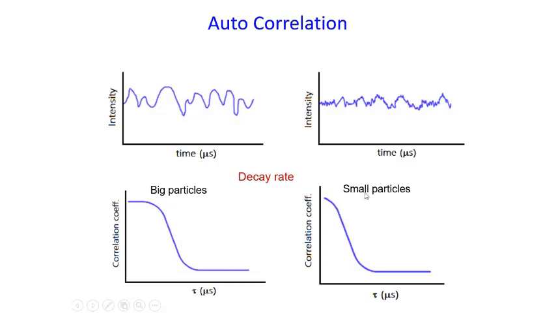Okay, so this is how, first of all, the small particles can be distinguished from the bigger particles, and this in fact forms the basis for the particle size distribution that can be obtained from this particular technique called DLS. Now, as I said, we need this autocorrelation function to be derived first.